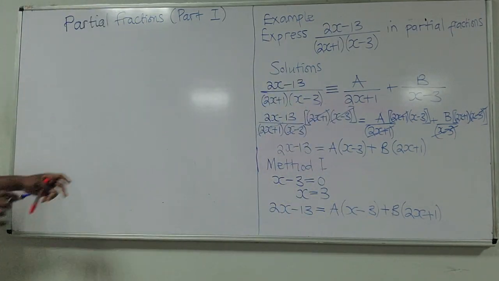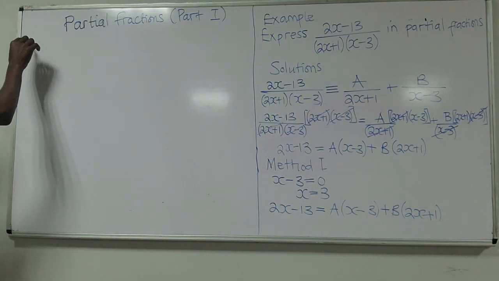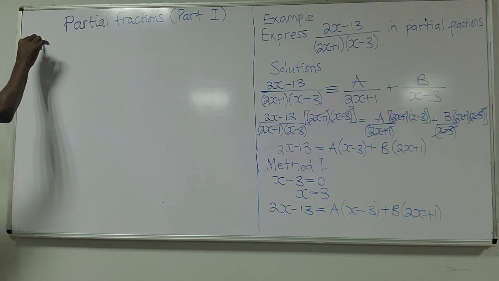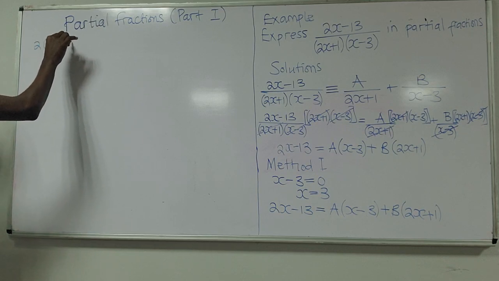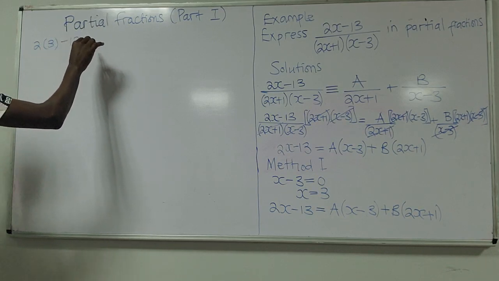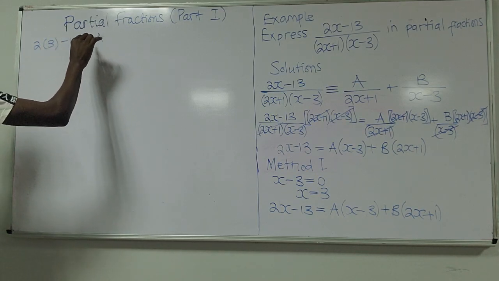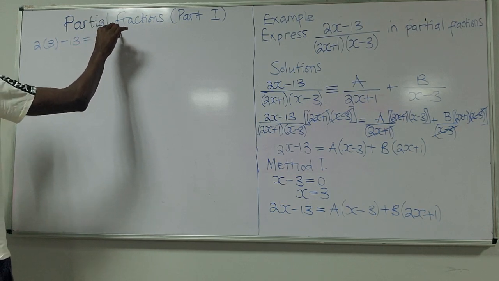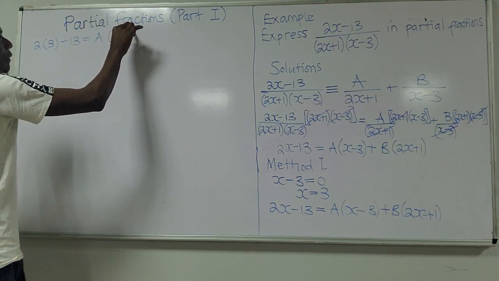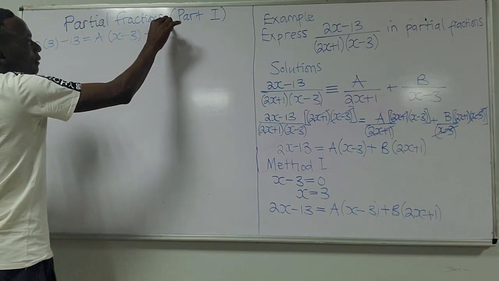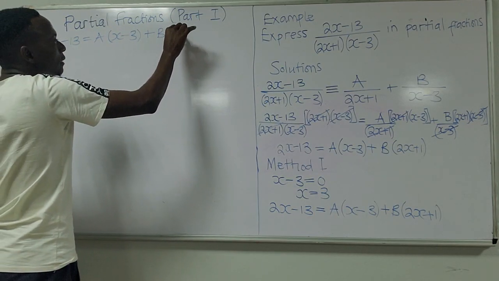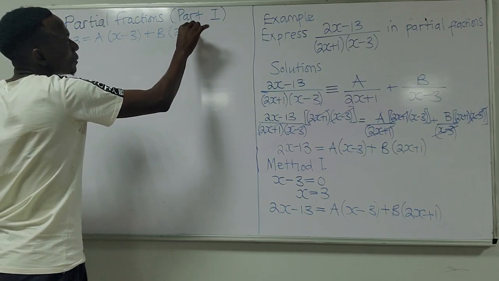So having written down that equation, let me substitute for x. So it will be 2, where there is x, we know that x now is 3, minus 13. This is equal to a, open brackets, x minus 3 plus b, open brackets, 2x plus 1.